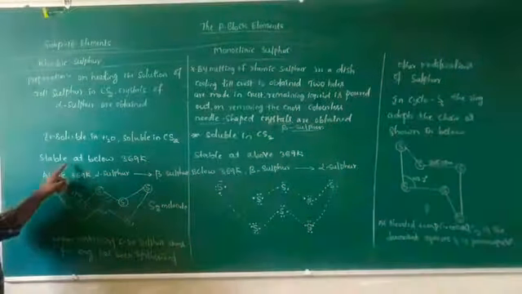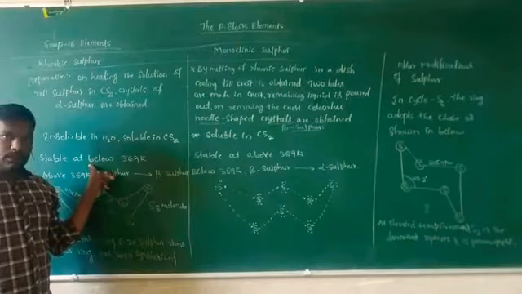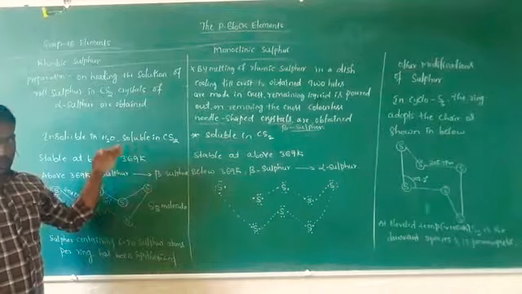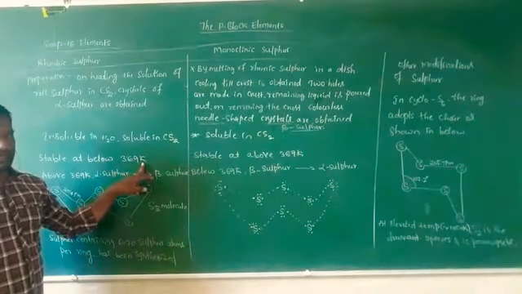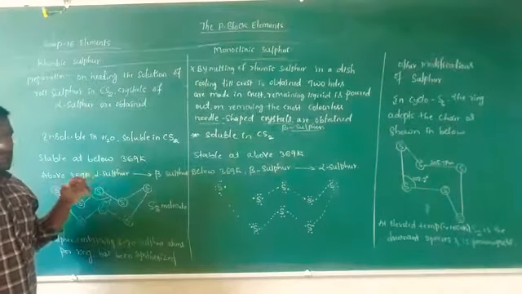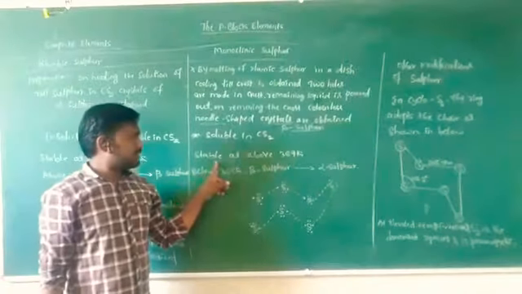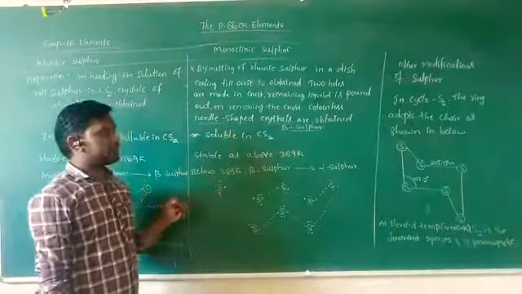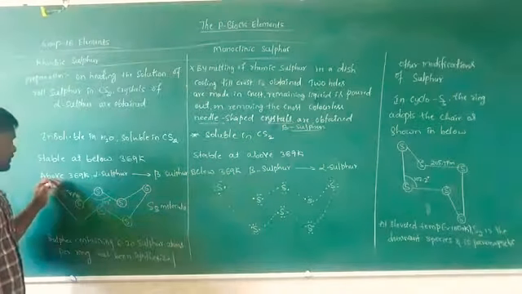Alpha sulfur is stable below 369 Kelvin temperature. But beta sulfur is stable above 369 Kelvin temperature.